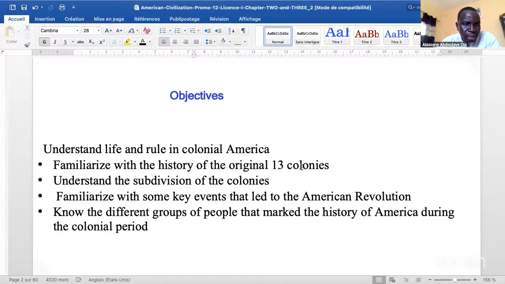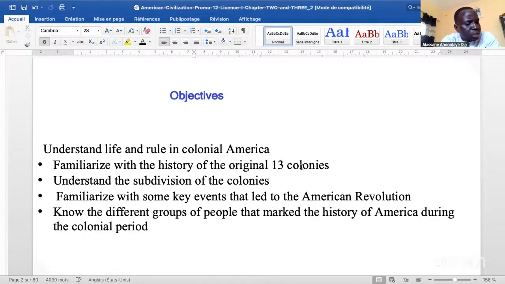You also have to familiarize yourself with some key events that led to the American Revolution: what the American Revolution is, what its causes were, and what its result was. The last objective is to help you know the different groups of people that marked the history of America during the colonial period.